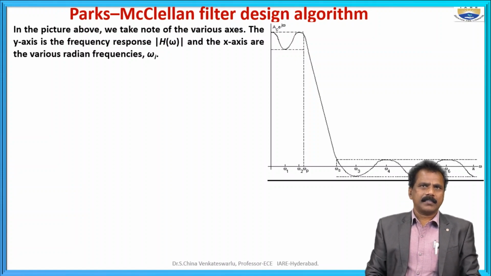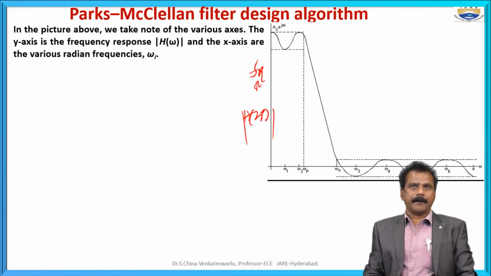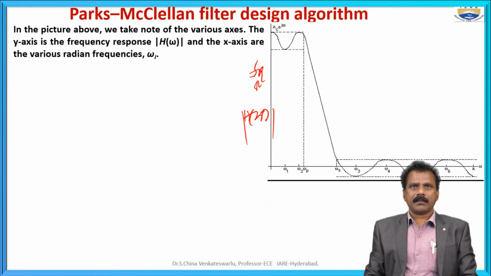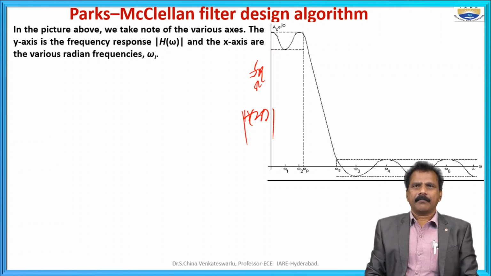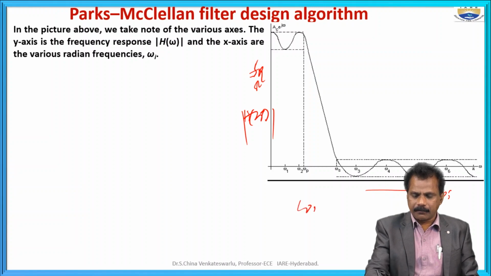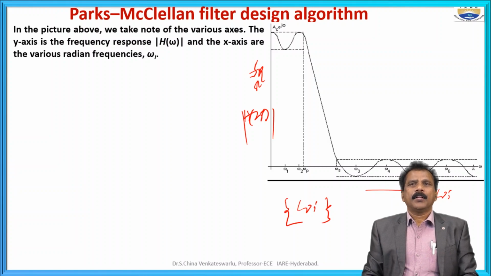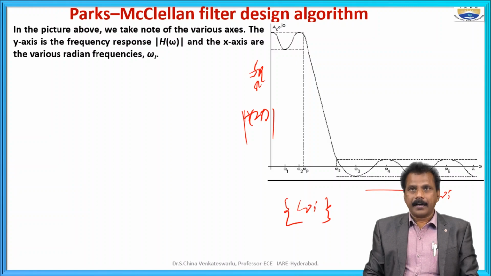The y-axis is the frequency response, which you can consider as |H(omega)|, and the x-axis is the variation of radian frequency omega, with the help of which we can easily analyze.